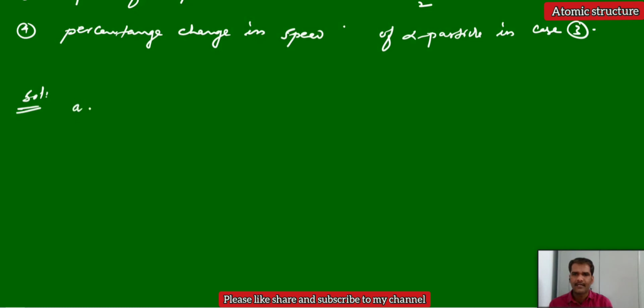First one, as usual, direct formula: the distance of closest approach, R naught, equals 4 k Z e square by m alpha v alpha square.